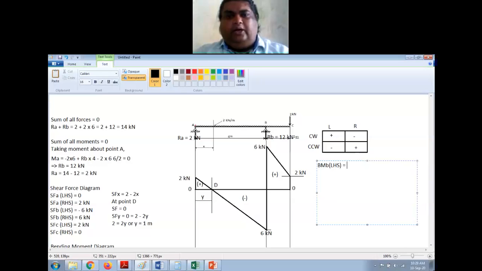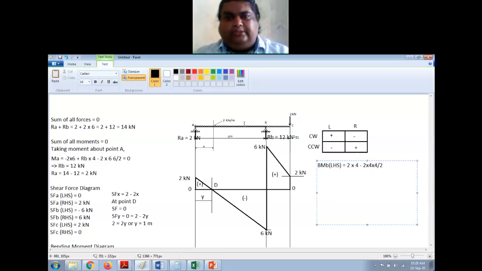This is RA in upward direction making a clockwise moment on the left side. Left side clockwise is positive. So 2 into distance, which is 4 meter, right? Then I have this UDL which is acting in downward direction, so it is making a counterclockwise moment on the left side. Left side counterclockwise is negative. So minus, the value of bending moment is 2 into 4 into 4 by 2, right?